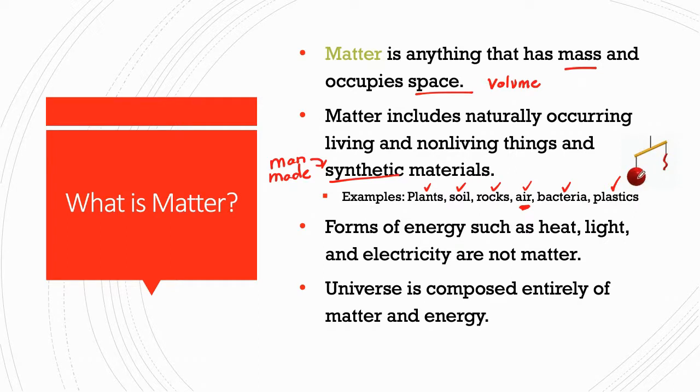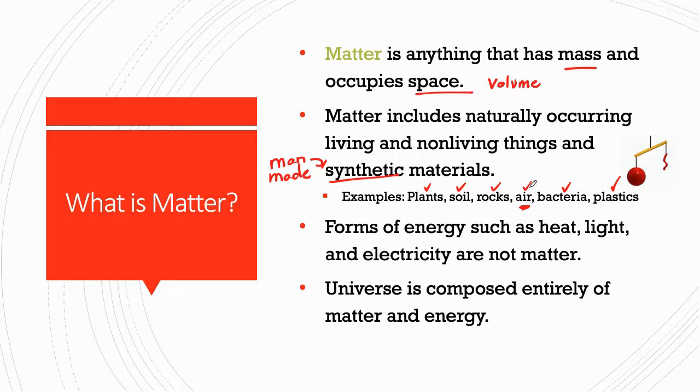Because it's heavier. That air that you put in there had some mass, and we can actually see that because that bar will tilt towards that heavier full balloon. So, air, even though we can't see it, has mass and it occupies space. So, it has to be matter. So don't get confused. You don't have to be able to see it necessarily for it to be matter.